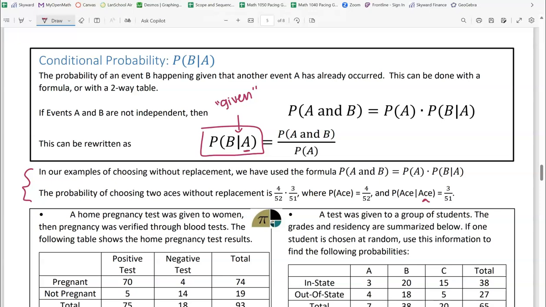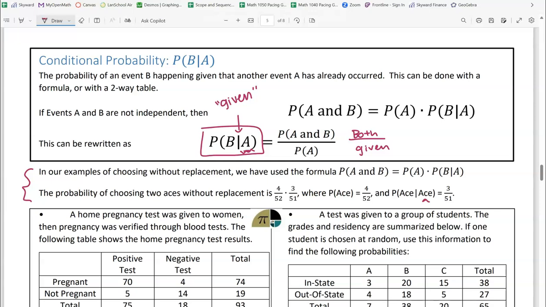And to find this probability, you just do the probability of A and B, so the probability of both of them happening, over the probability of A. So we have both on top, and then the A on the bottom, or the second one. Whatever is given, that's what goes on the bottom.